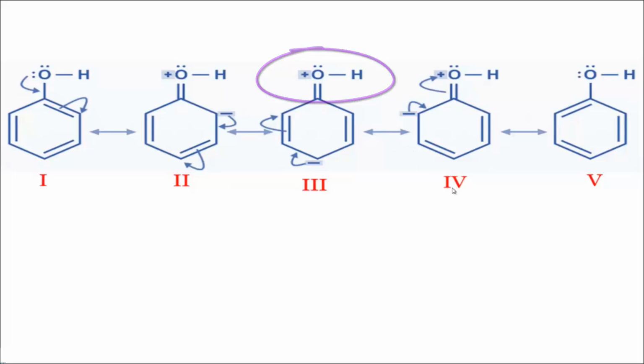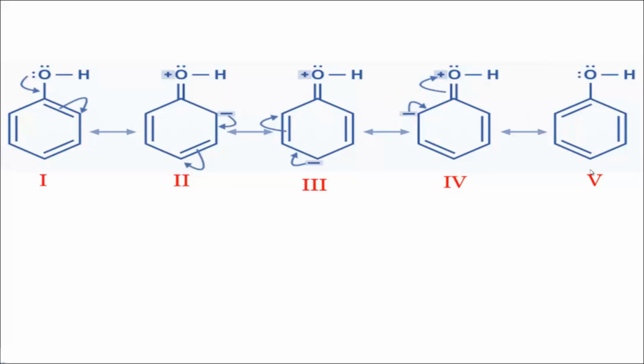Now in the fourth structure, let us analyze what has happened. The electron cloud has shifted here, so that's been indicated here. Now this electron cloud has shifted outside, indicated here. Next what happens? This electron cloud tries to make an entry here. In order to accommodate that, they experience repulsion and they move towards the region where the oxygen is experiencing decreased electron density.